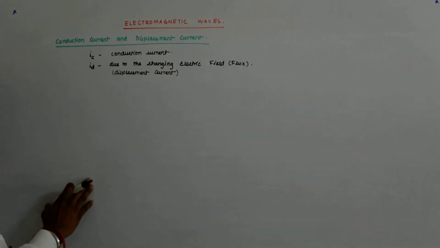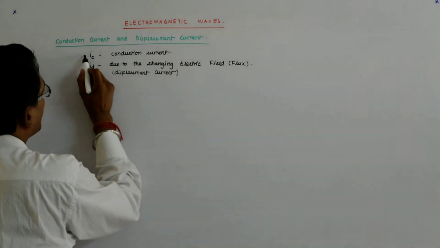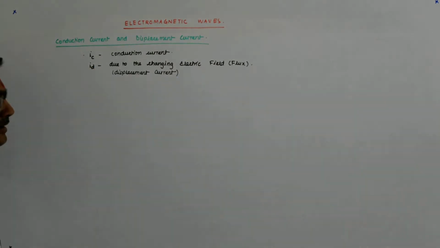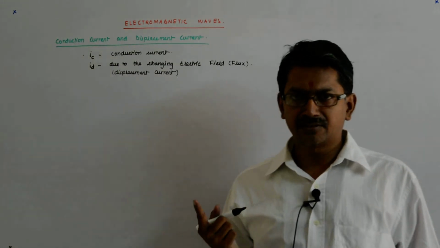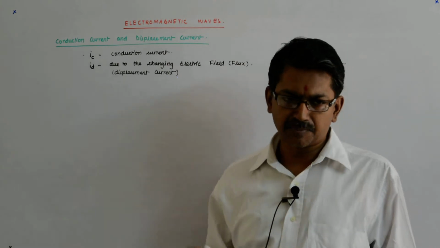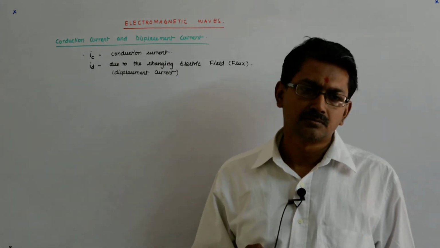In what sense? Since we know that an electric current produces a magnetic field, in the same way this displacement current should also be producing a magnetic field.